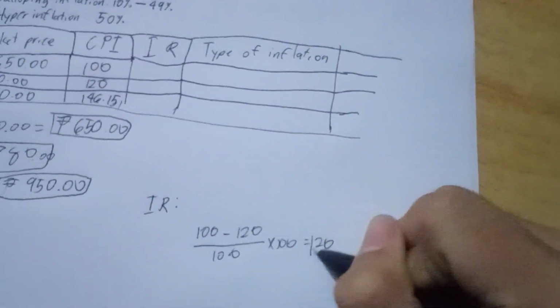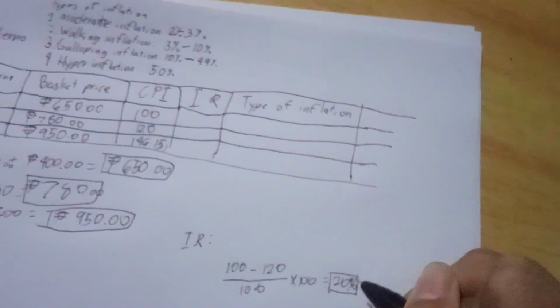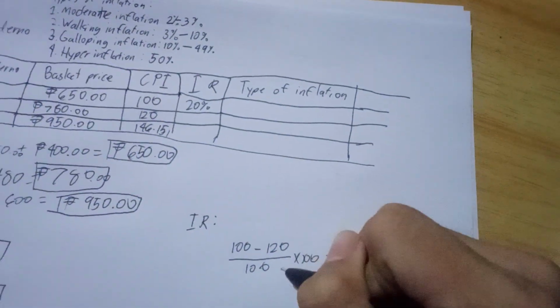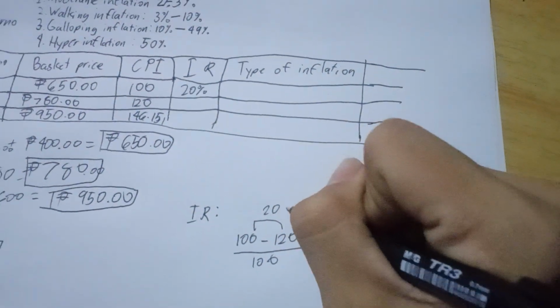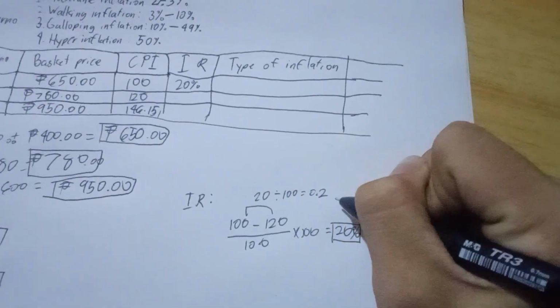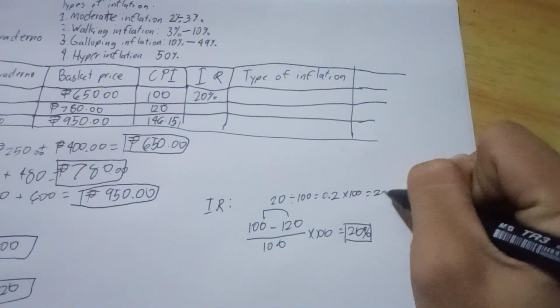Now we divide it by 100, equal to 0.2. Now we have to multiply it by 100. That gives us 20. That's how I got the answer. And that's how you do it.